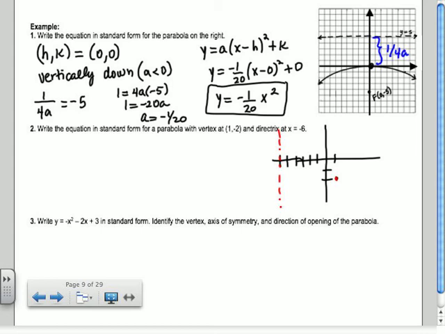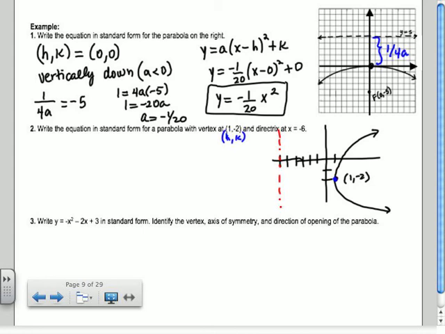Good job, Young. So it's going to open like that. So it's never going to cross over your directrix. Okay, so I know my HK. All I need to find is A. Then I'll have my formula.